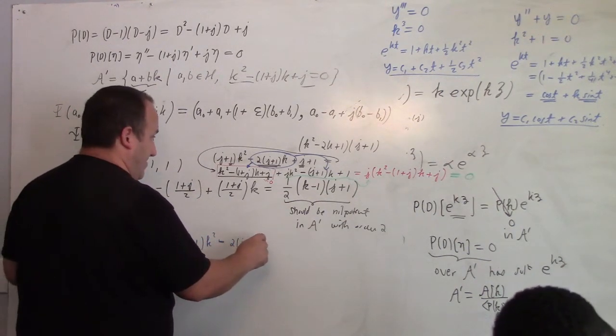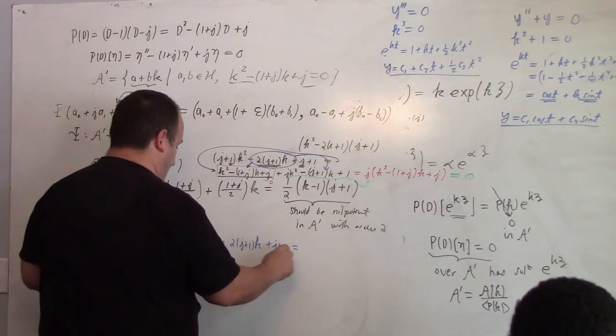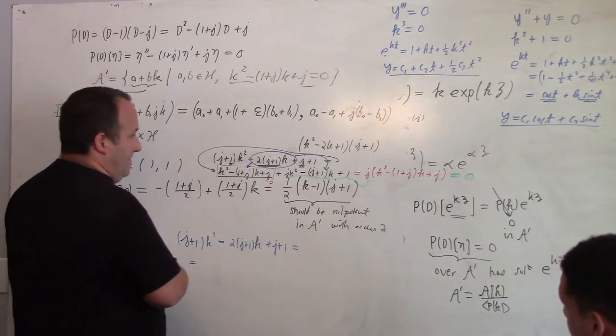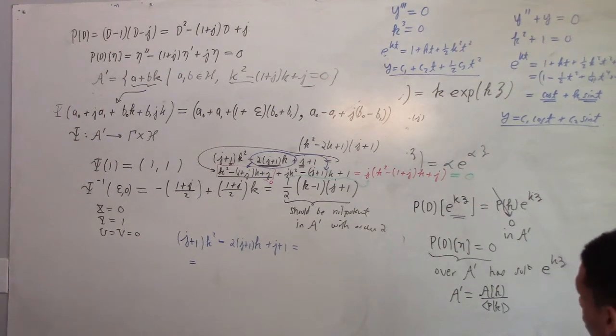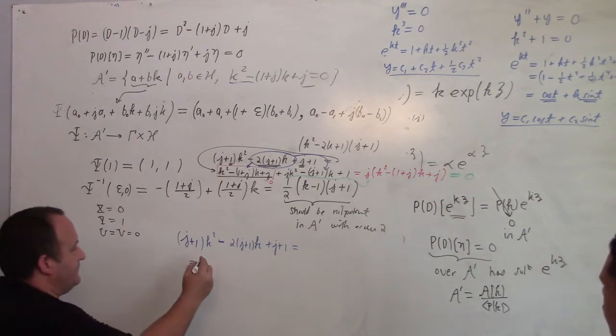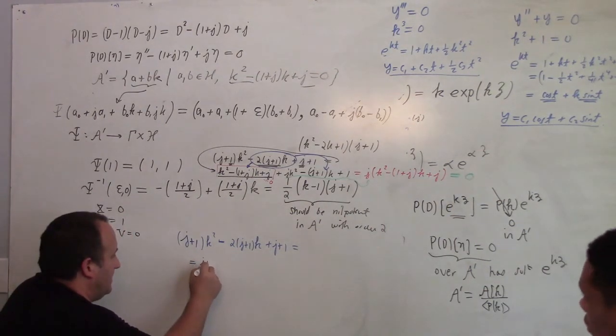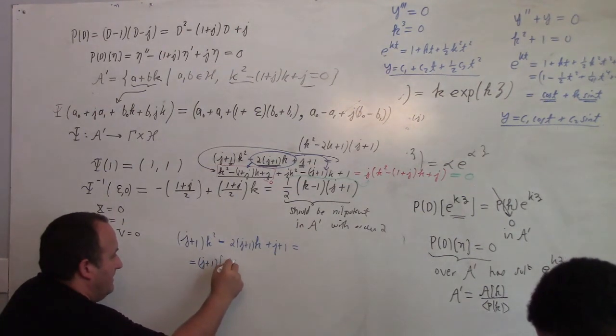So I have that left over, I have a jk squared left over, and I have a plus 1 left over. Okay, so you get. And then, oh, that's how you factor out a j. Okay, yeah, I'm with you. And then this section you can do.